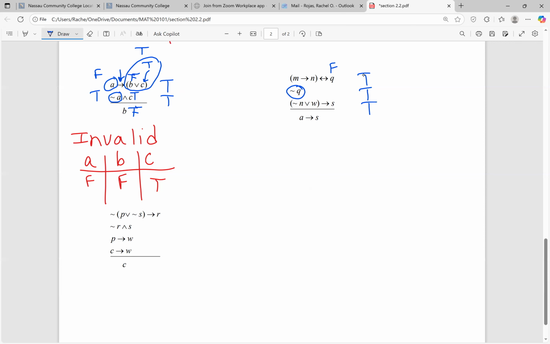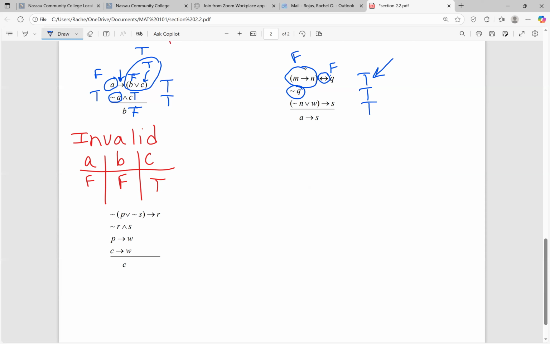And we have a biconditional. And the only way a biconditional can be true, right? Because we want that whole premise to be true, is if both sides are true or both sides are false. But the right-hand side is already false. So in order for this statement to be true, the left-hand side would also have to be false. And that's a conditional.